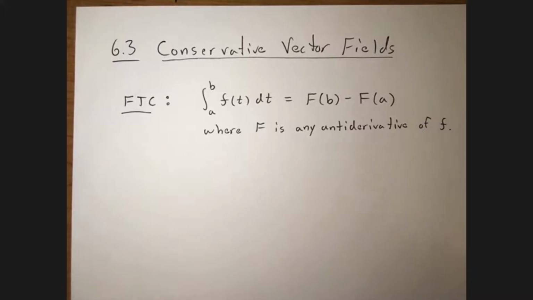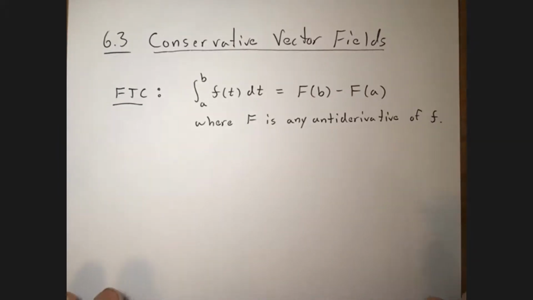So we have a fundamental theorem for line integrals too, okay? But first, let me remind you of some of the terminology we had. Notice the section is called conservative vector fields. Okay, what does it mean for a vector field to be conservative? It means that it's the gradient of some function.